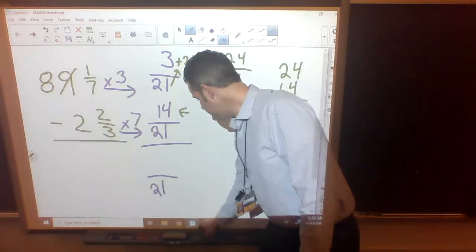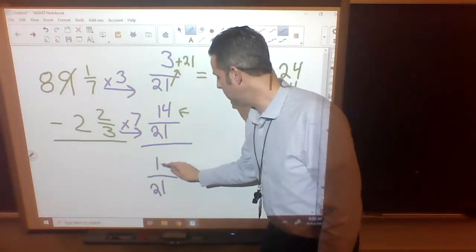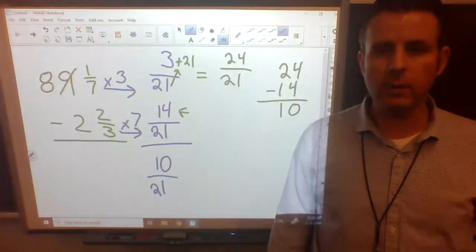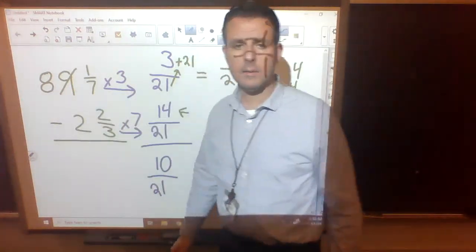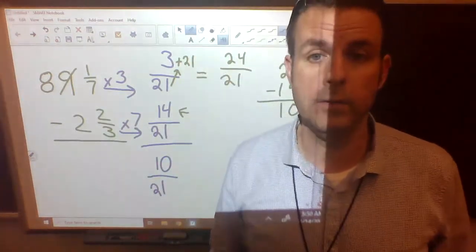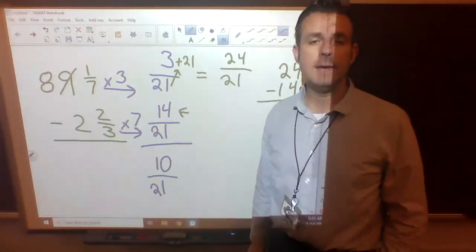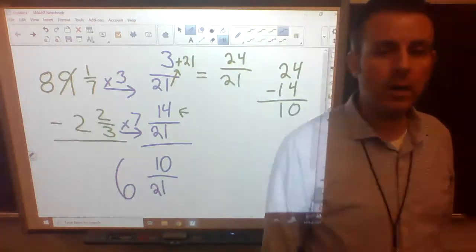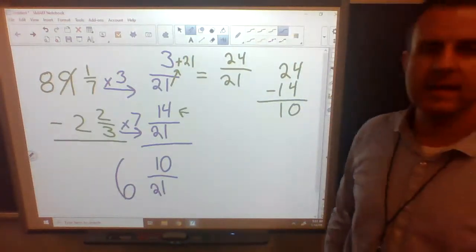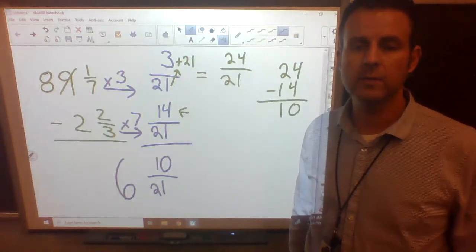So our answer to this subtraction problem is 10 over 21. Now all we have to do is go back to our whole numbers and subtract those. So what is 8 minus 2? It's 6. So our answer is 6 and 10 21sts.